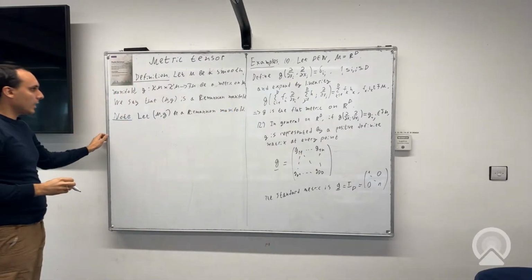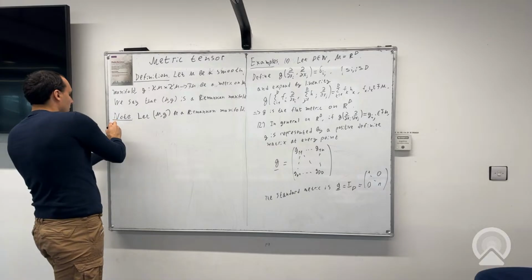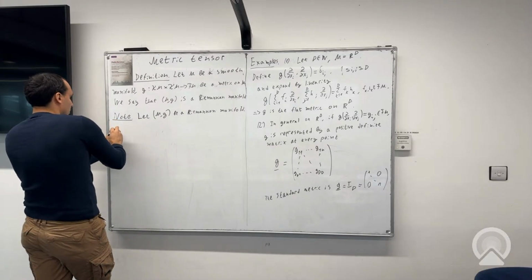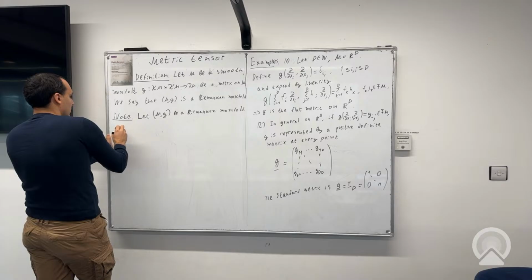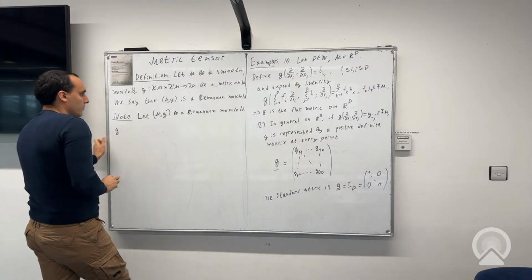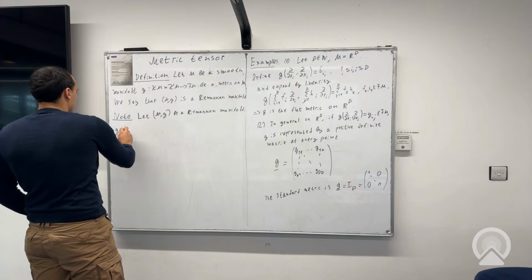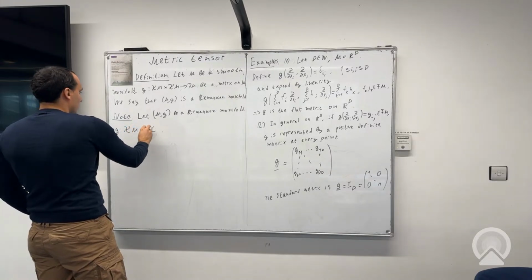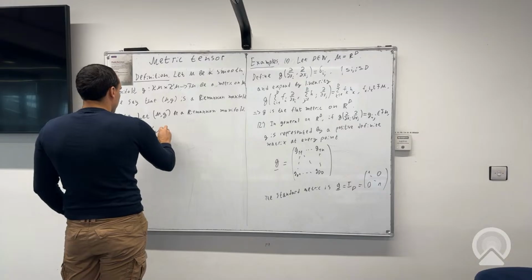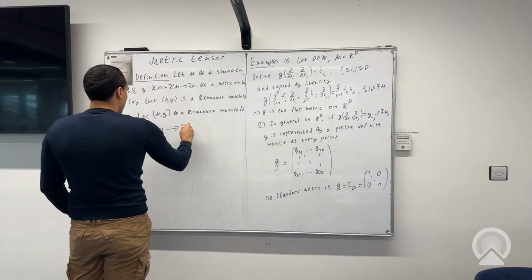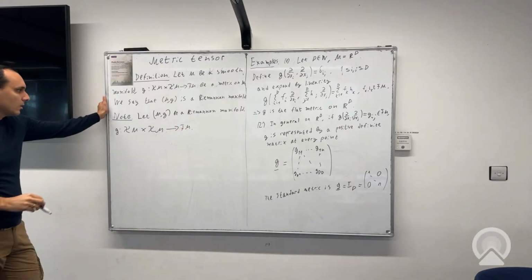Then we can write G from X(M) times X(M) to functions.